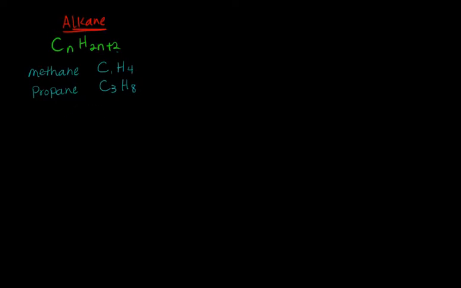Alright, so now I want to discuss with you an alkyl group. What is an alkyl group? An alkyl group is an alkane with one hydrogen removed.